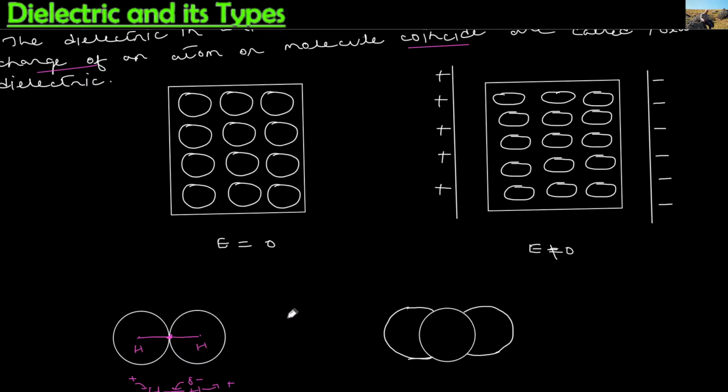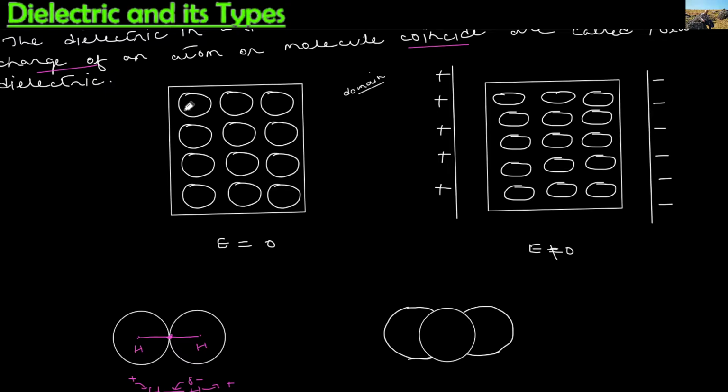Likewise, suppose we have a dielectric which might be hydrogen or nitrogen, which means it will have all these atoms. All these atoms, we define as domains. So each individual atom will have the corresponding positive and negative end.